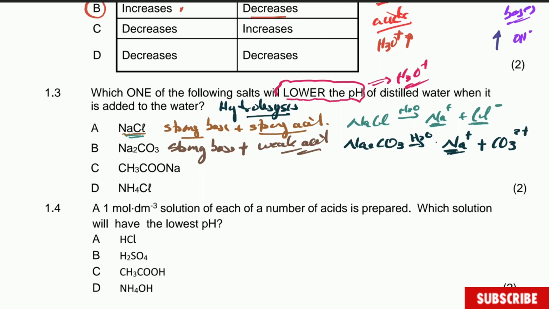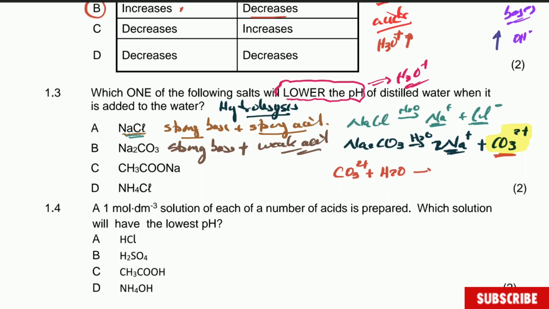This is what happened. You will have two ions of this one. Now, what is happening? This substance further reacts with water. So let's look at this reaction. CO3 2- reacts with water now. H2O, that is water.